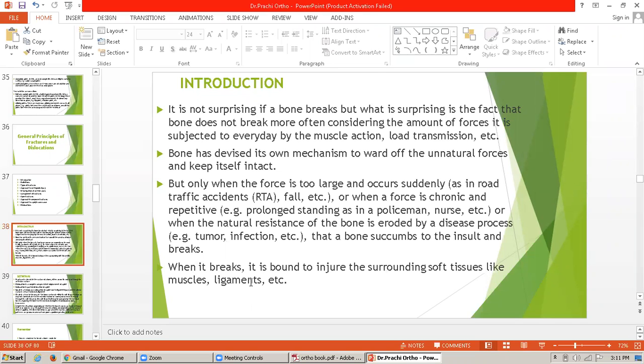So this results in a breakage of the bone, which leads to a fracture. And when it breaks, it is bound to injure the surrounding soft tissue like the ligaments and the muscles.